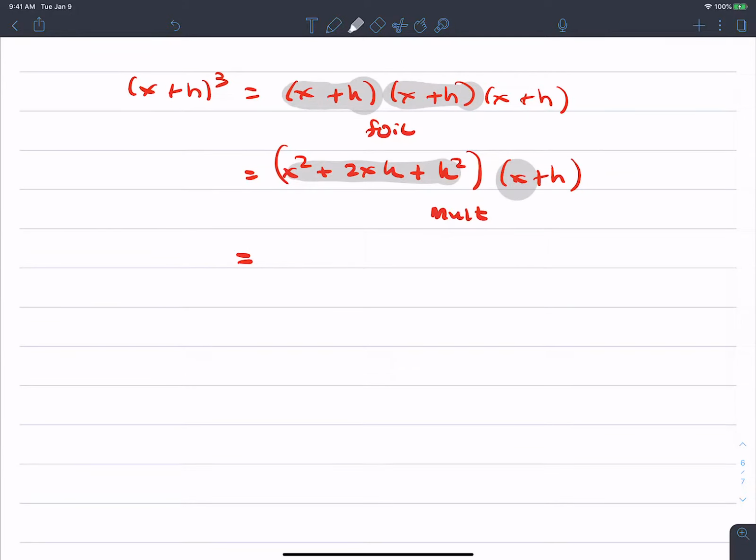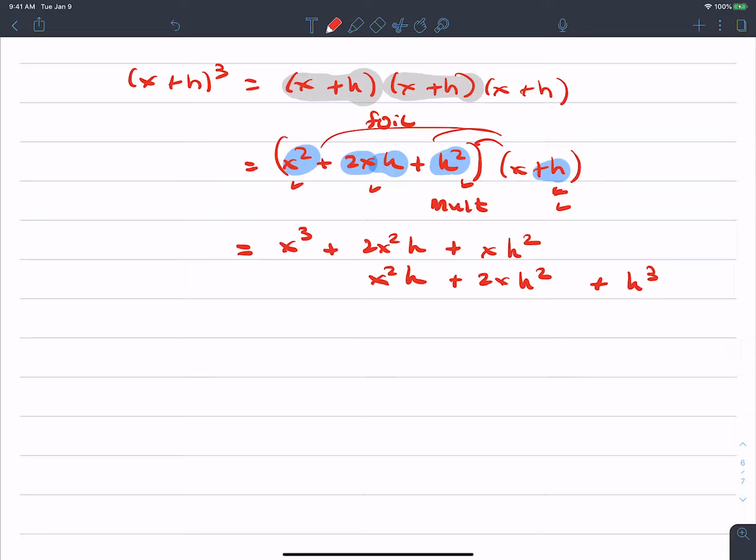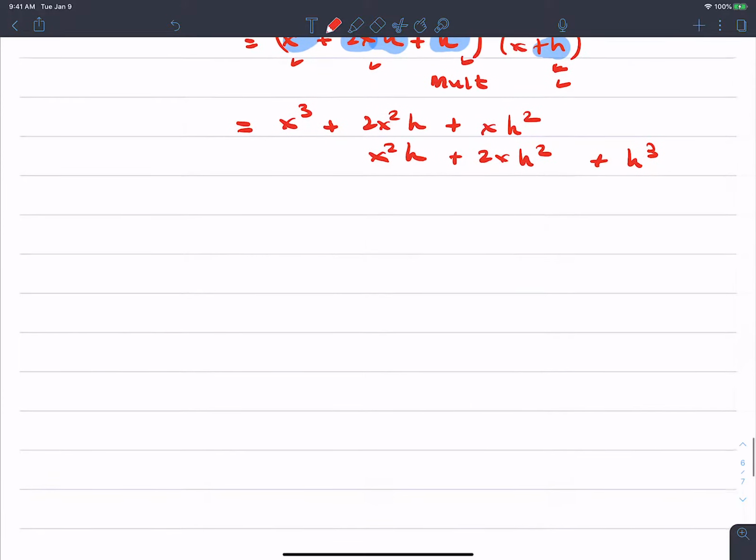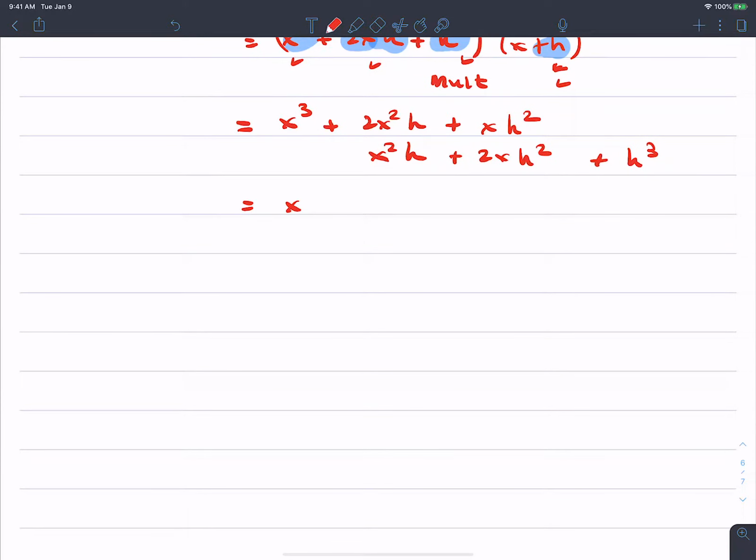And I put it below because we're going to add. And then now take the h and multiply it to h squared. And you get an h cubed. So here's how we can expand, multiply these terms. And here's what we end up with. We get x cubed plus, now remember, you're adding here, 3x squared h plus 3x h squared plus h cubed. There you go.